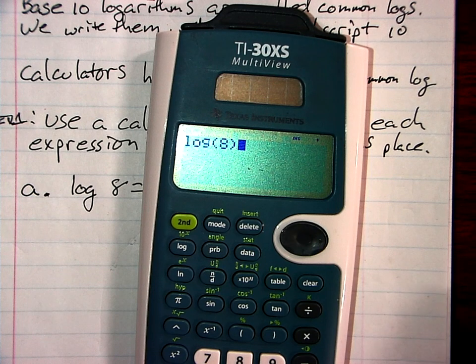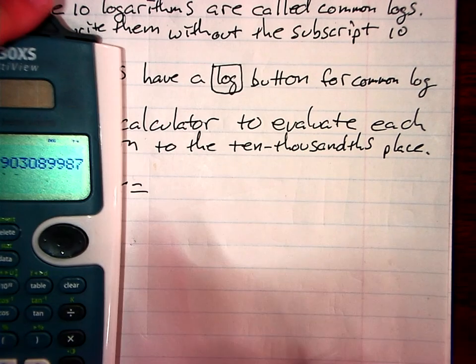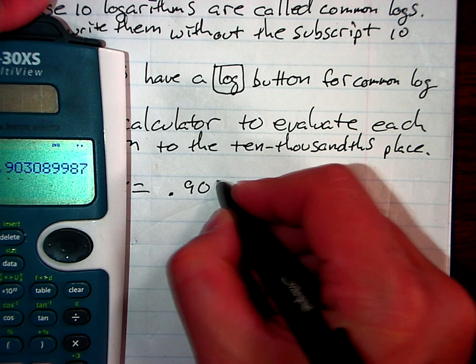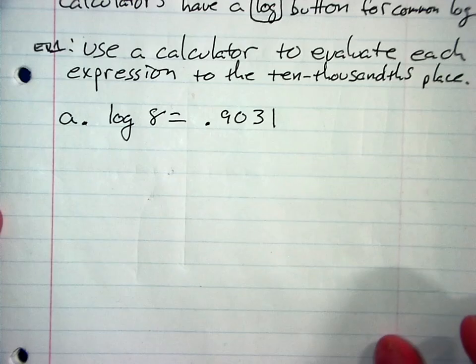Do you have to close your parentheses? I honestly don't know, but I always do just because it takes a quarter of a second. Now hit enter. The hardest part is rounding it to 4 places. 0.9031. That is your final answer.